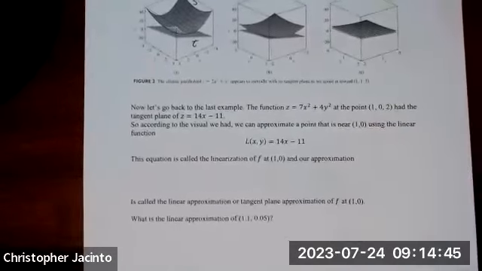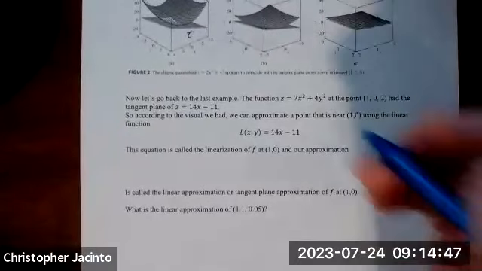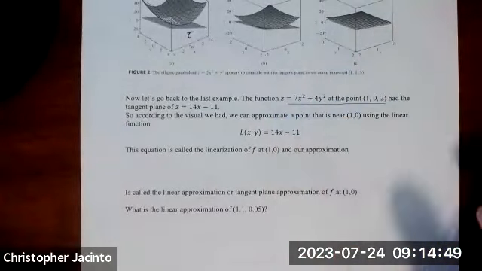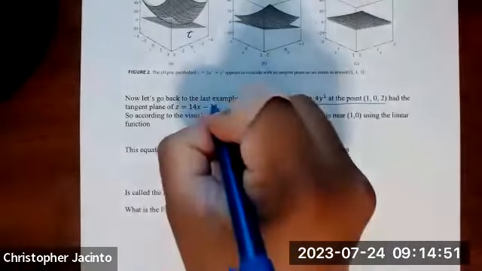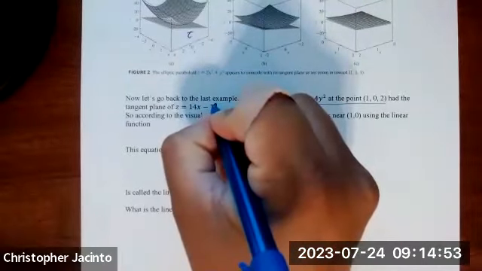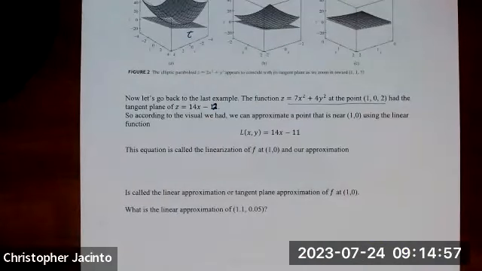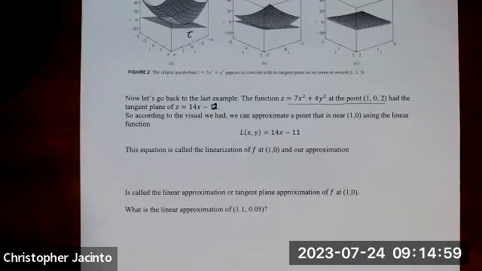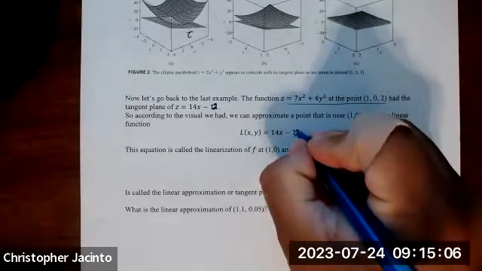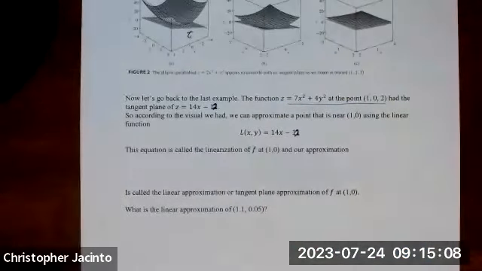So now let's go back to the last example we had earlier. So it's this point here. And we had our tangent plane, and this is supposed to be 12 there. And our tangent plane z equals 14x minus 12. So according to the visual we had, we can approximate the point near 1, 0 using linear approximation.